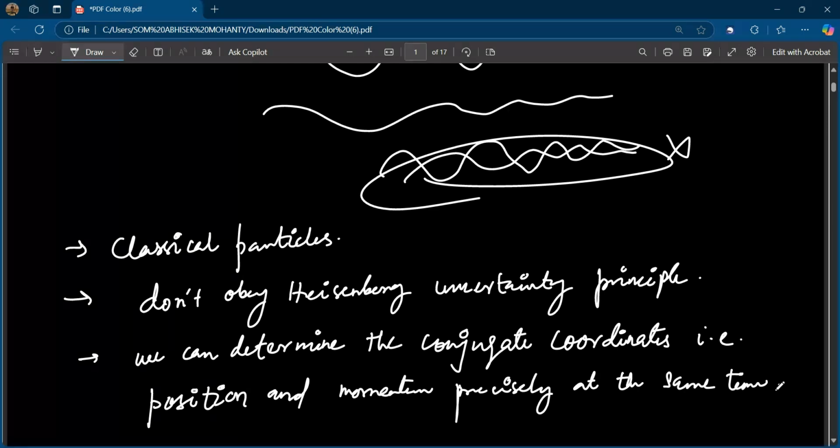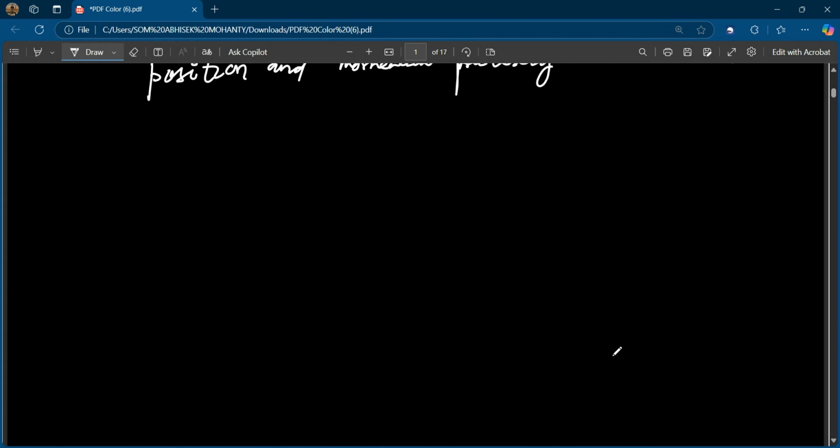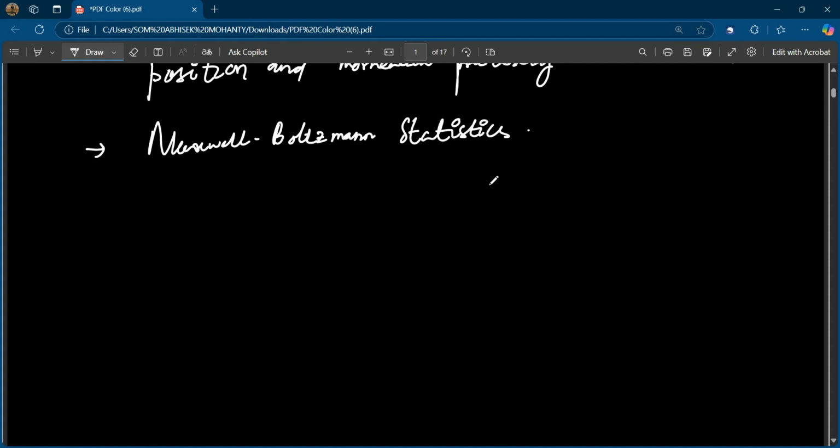Classical particles don't obey the Heisenberg uncertainty principle. Which statistics will they follow? They follow Maxwell-Boltzmann statistics. You will be asked what Maxwell-Boltzmann statistics is, but I will discuss that a bit later, don't worry.